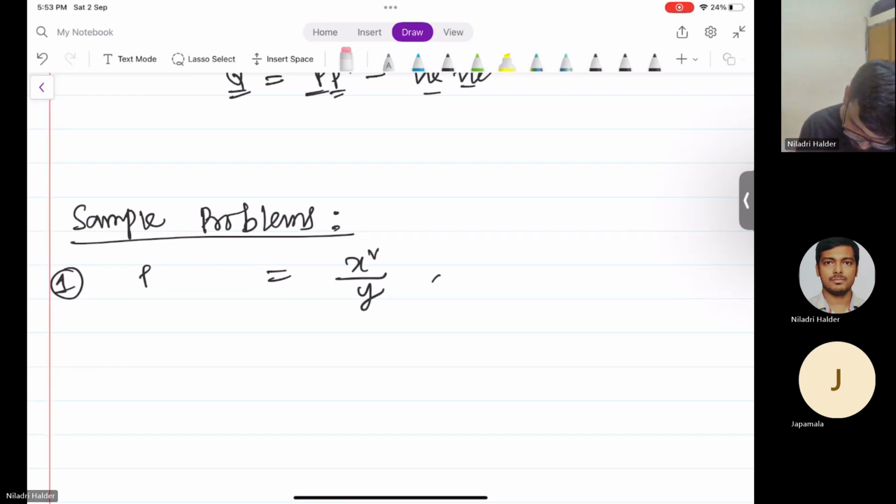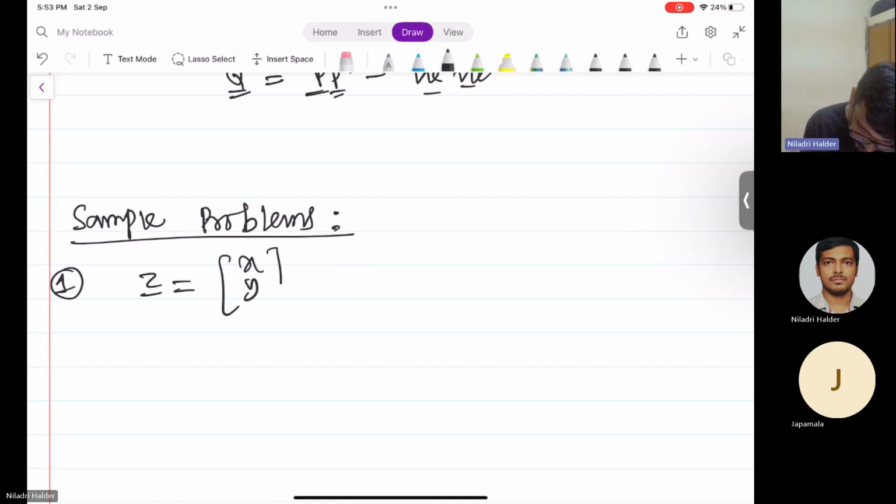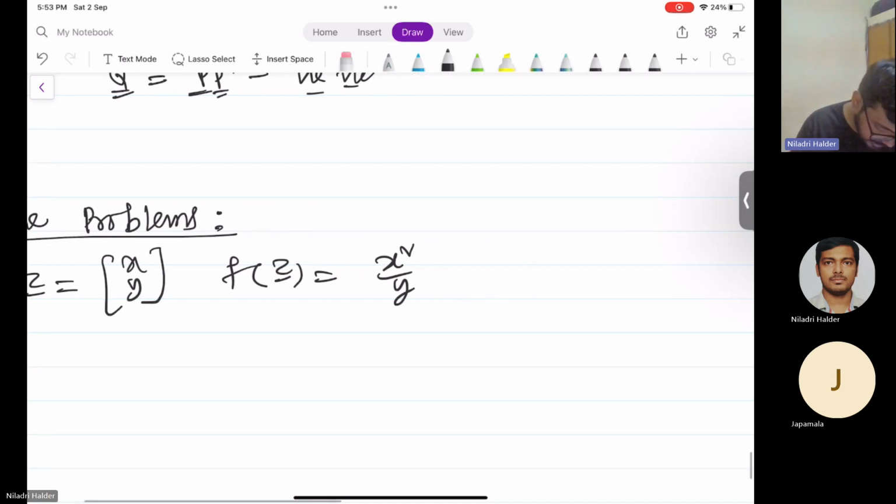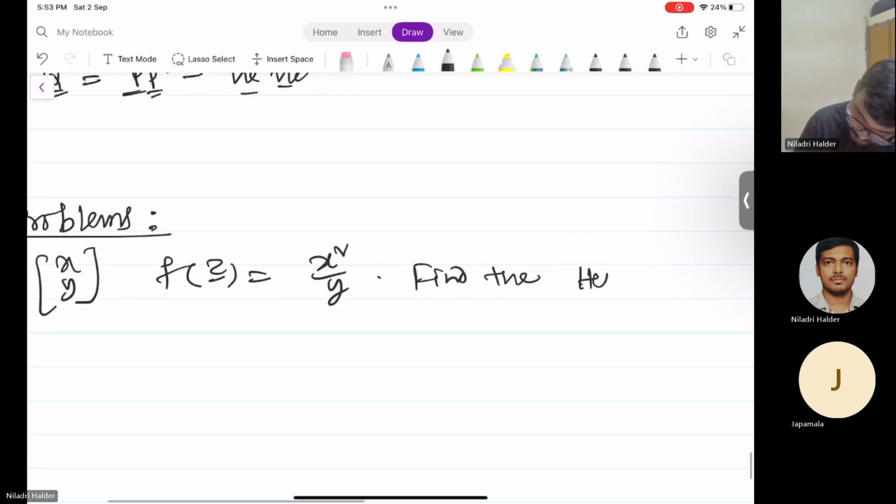Let us take z as a vector which has two components x and y. Then f of z is equal to x square by y. Now, what will be the Hessian of this f? So, find the Hessian.